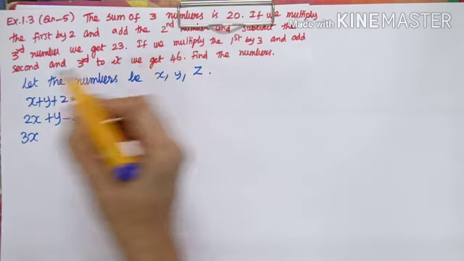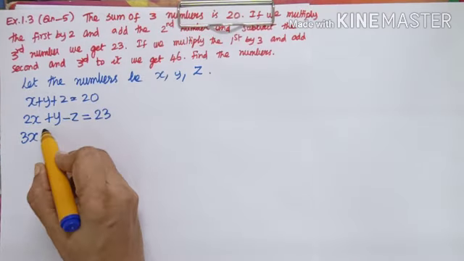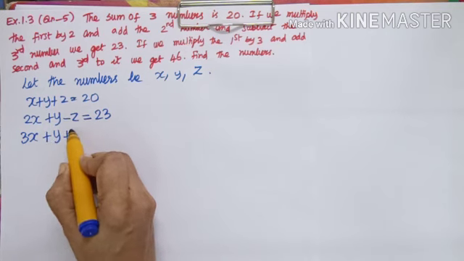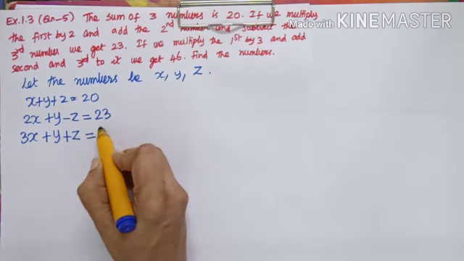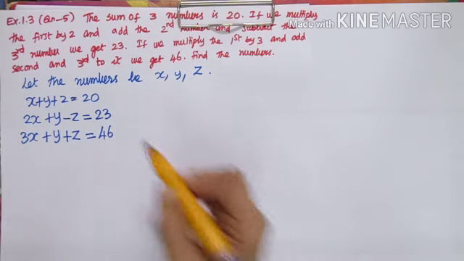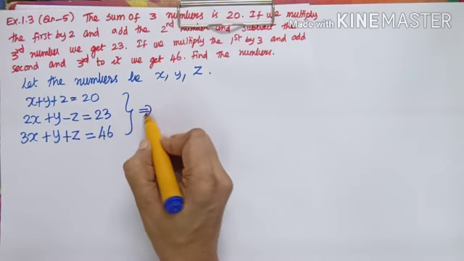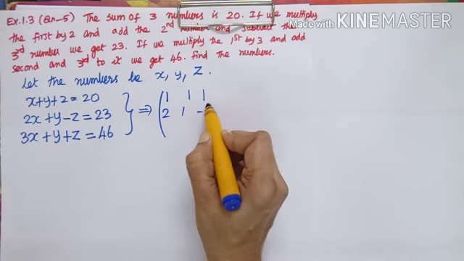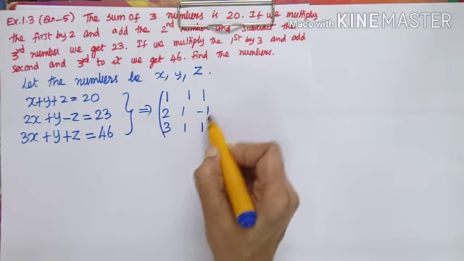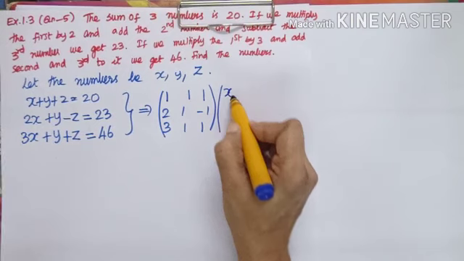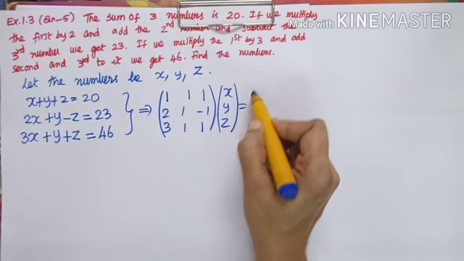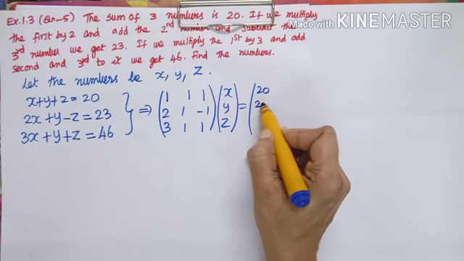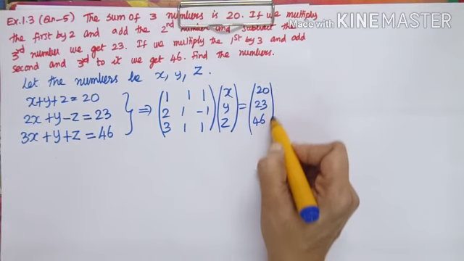And add second and third to it. Add second, add third to it. We get 46. Now from this, let me write AX equal to B form: [1, 1, 1; 2, 1, -1; 3, 1, 1] into [X, Y, Z] equals [20, 23, 46].